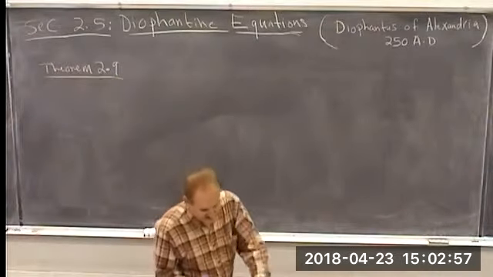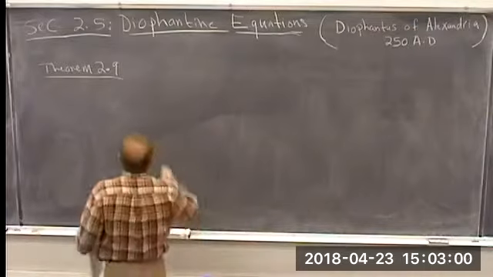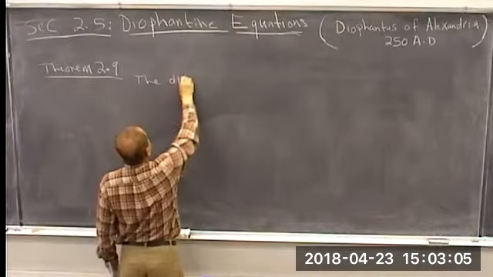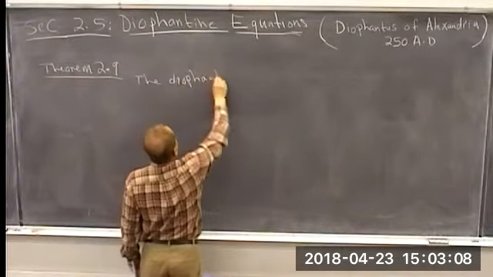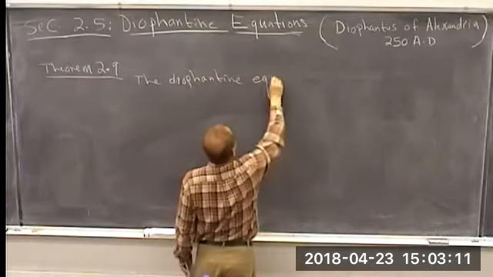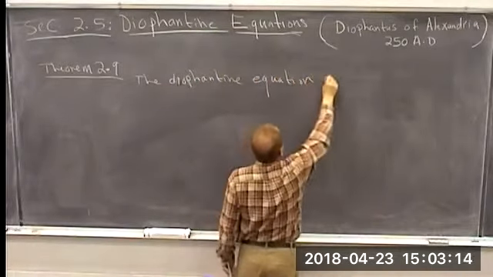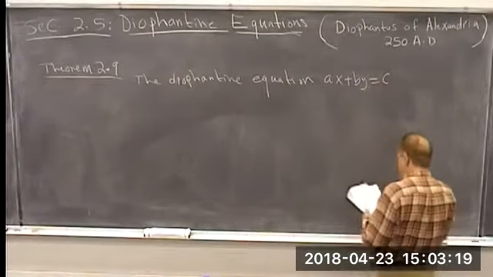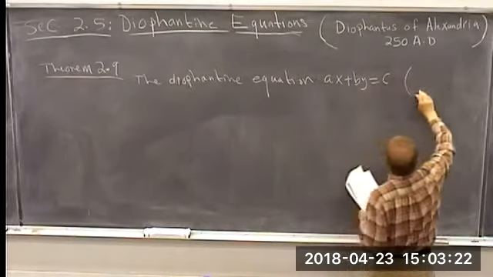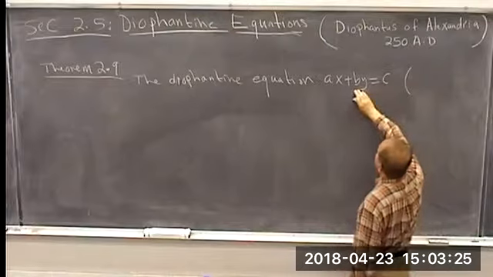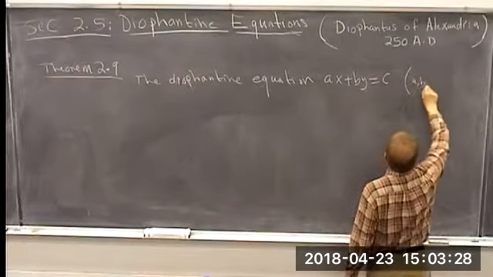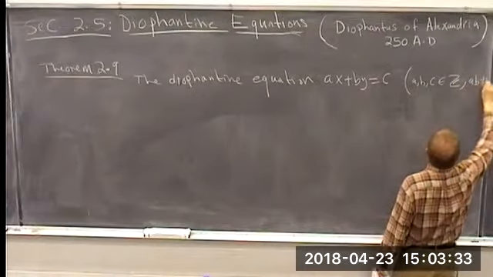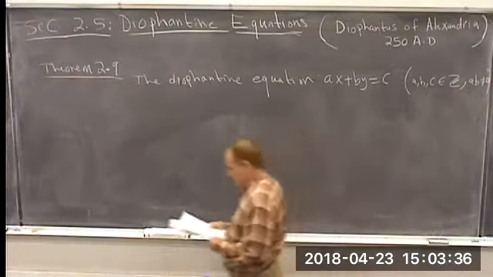The statement is this: the Diophantine equation ax plus by equals c. Now remember, whenever we talk about a linear Diophantine equation like this, it means a, b, c are integers, and neither a nor b is equal to 0.